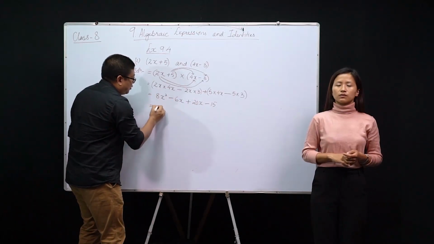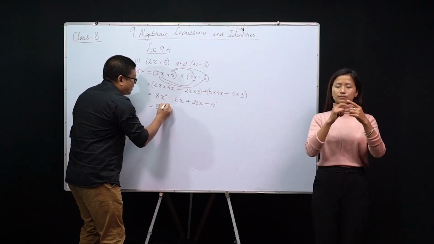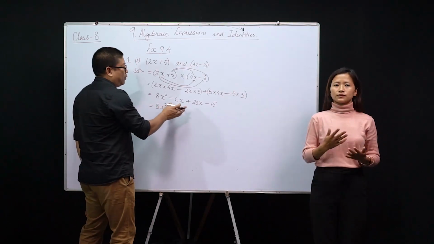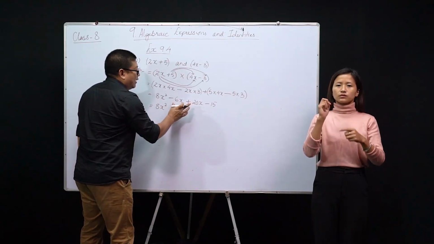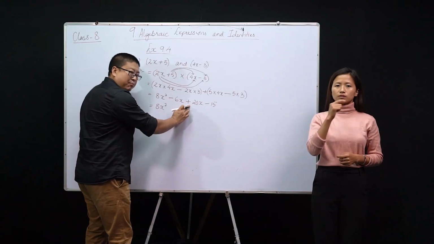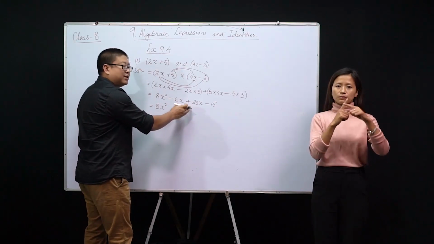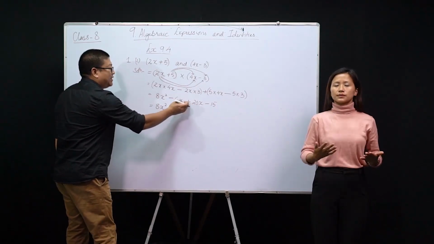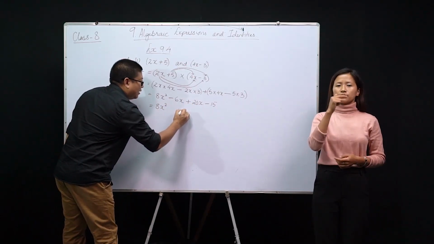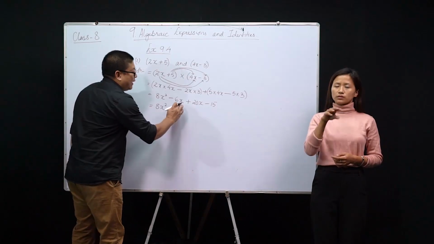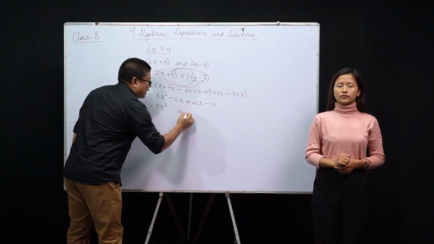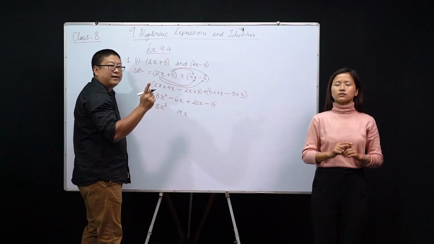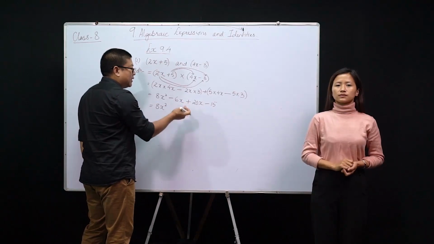So what I'm going to do here is 8x to the power 2. Now look at these two numbers. One is minus, one is plus. That means I have to subtract them. If you subtract 20 minus 6, you get 14. And this x will remain as it is. You will take only one x in this case.